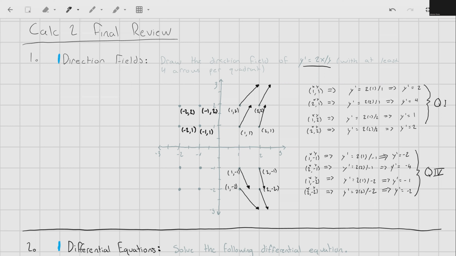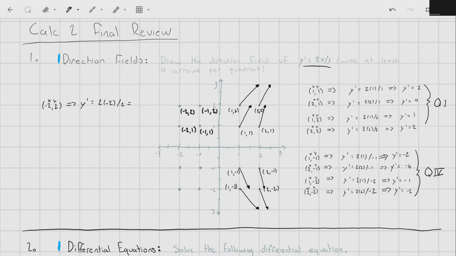So this top left one would be -2, 2. This is x, this is y. This becomes y prime equals 2, and then you plug in -2 for x divided by y, which is also 2.